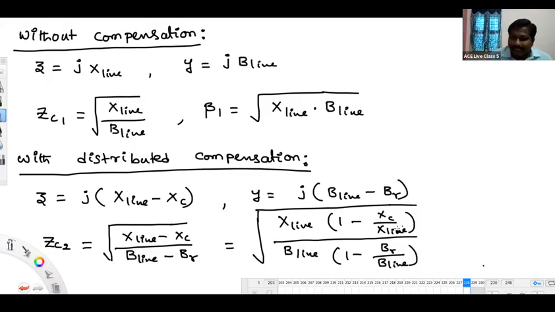See that XC by X line, I am going to name it as degree of series compensation, KSC.